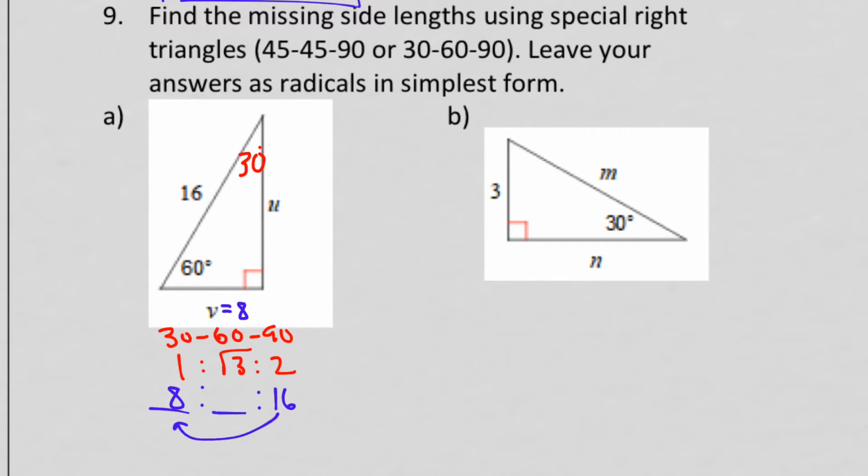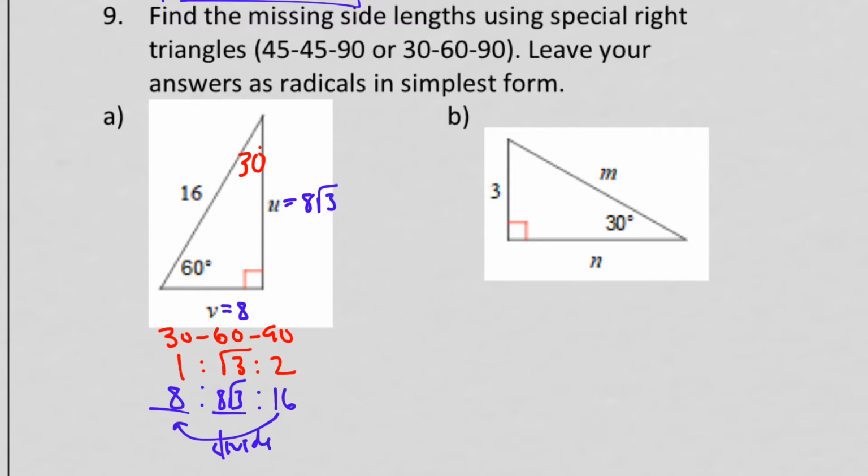You're going to divide to find a smaller number. So here, 16 divided by 2 will give us the shortest side of 8. Now to go from the shortest side of 8 to the middle length side, I'm going to multiply back up by this factor. So 8 times radical 3 is just 8 radical 3. And that's going to be the length of our middle length side.